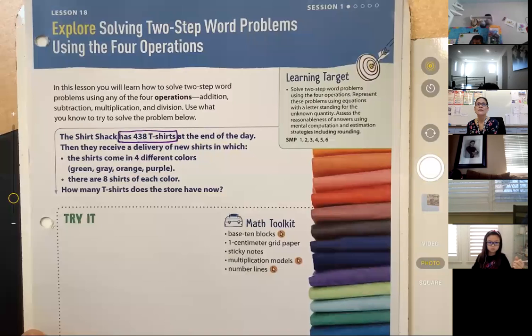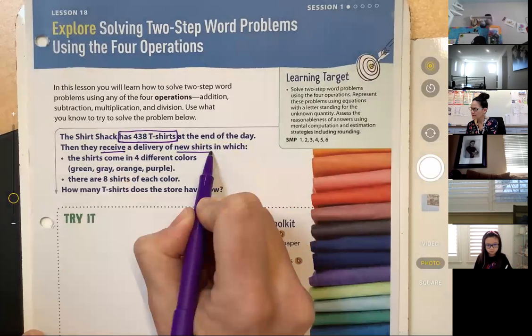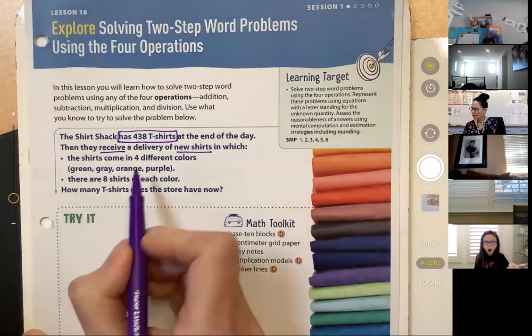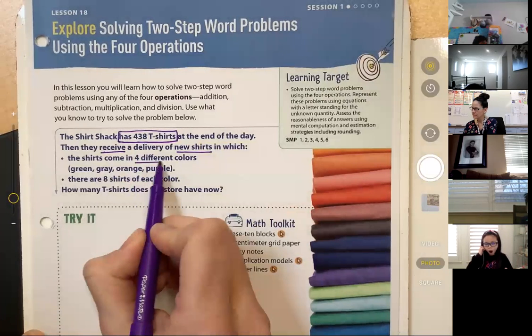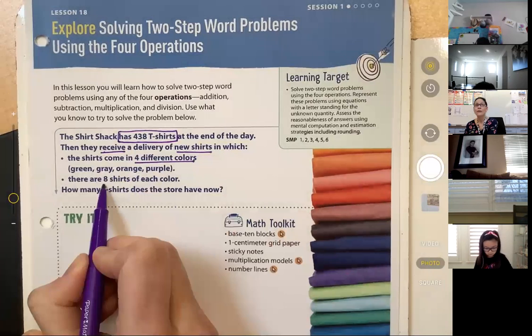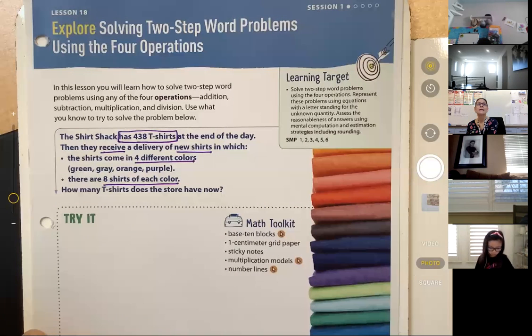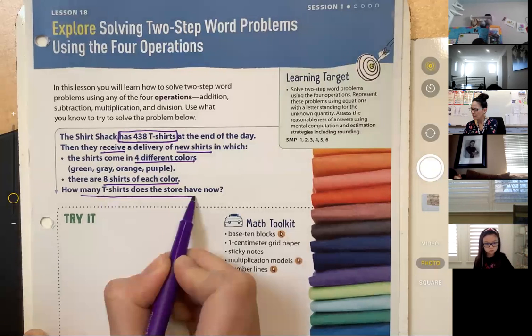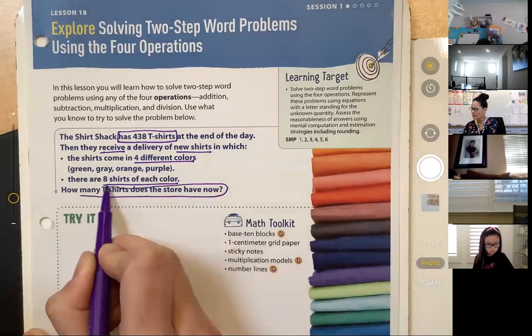And then they receive a delivery of new shirts, so they are receiving new shirts, and there are 4 different colors, 8 shirts of each color. How many t-shirts does the store have now? That is the big question.